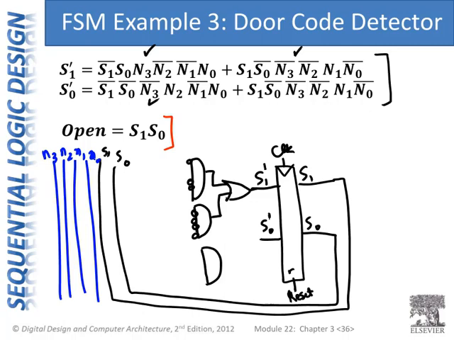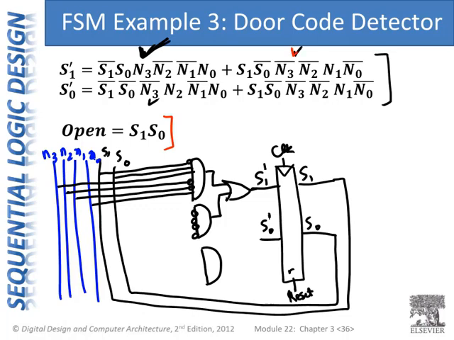So we're going to get S1 bar and S0 and N3 and N2 bar and N1 bar and N0. That's this term here, the first term.